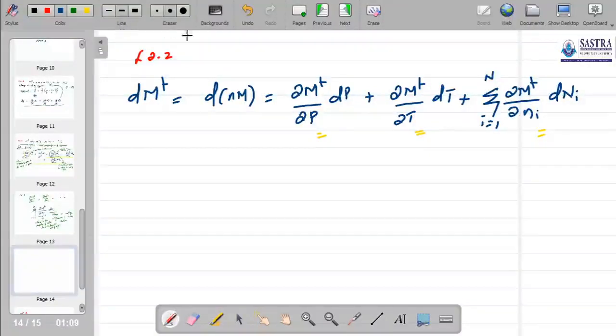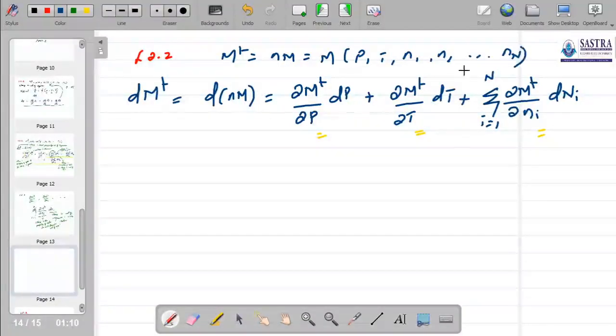If you recollect, the total property is a function of not only pressure but also temperature and all other components till n. So what are the other components doing here? It indirectly means that when you talk about this change with respect to pressure, the temperature and the moles of all other components remain constant.